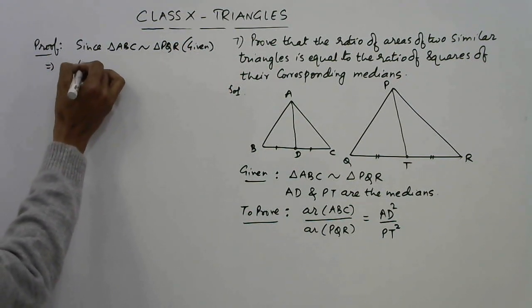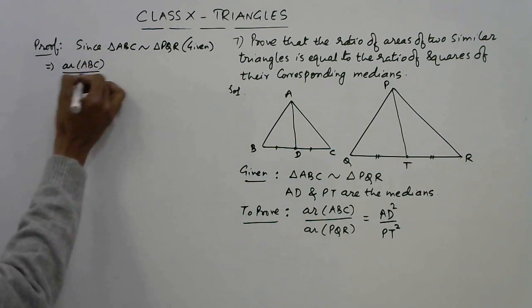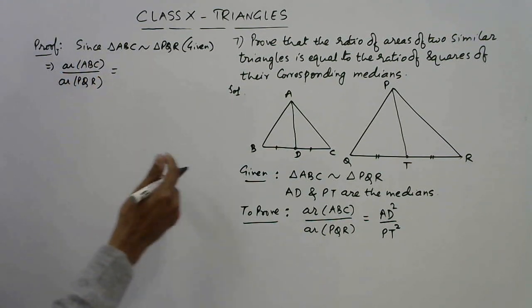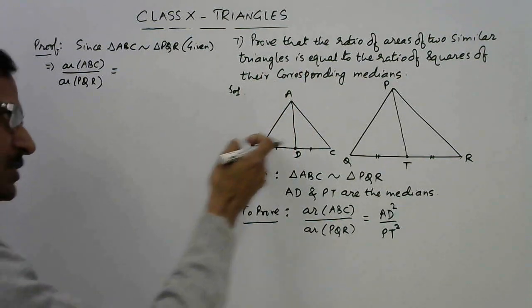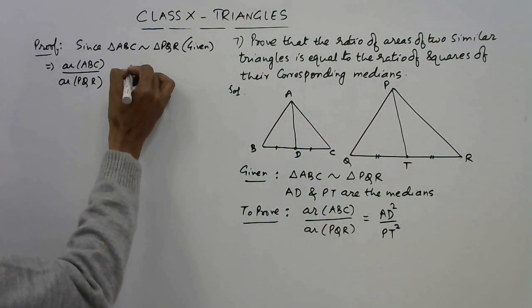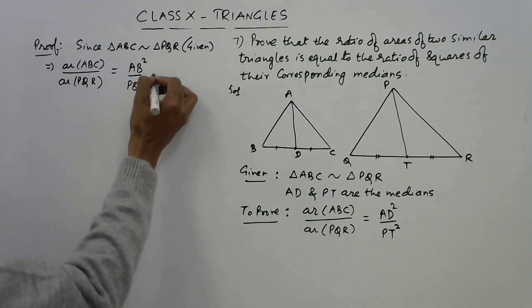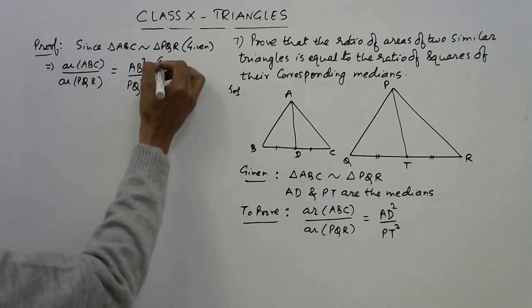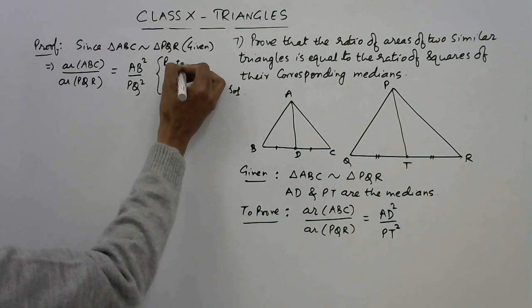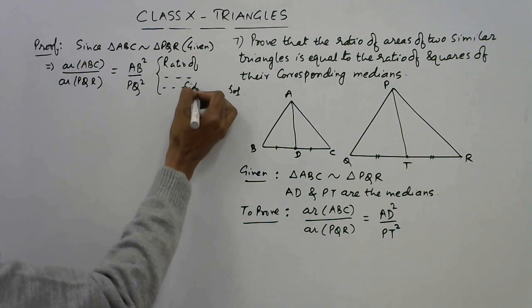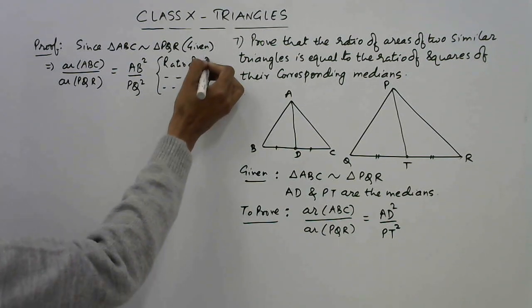Area of ABC upon area of PQR will be equal to the sides. I am taking AB square and PQ square because I require only one side, AB square upon PQ square. Again you need to mention the same theorem, that the ratio of areas of two similar triangles is equal to ratio of squares of their corresponding sides.